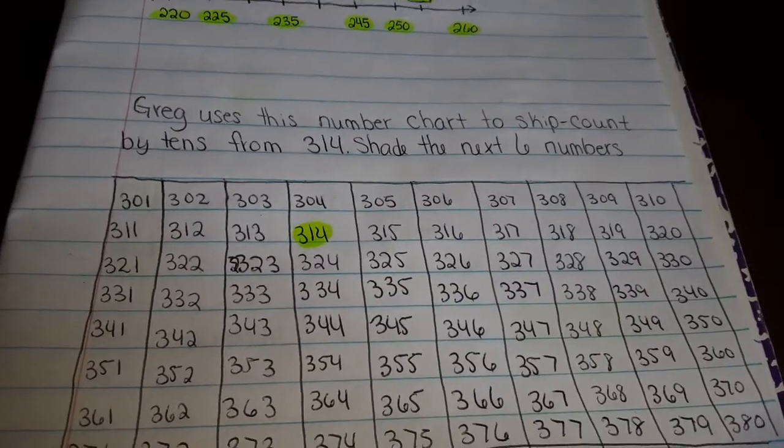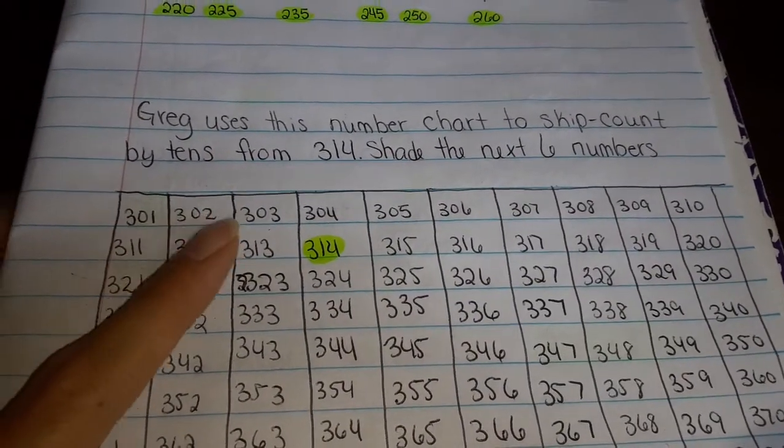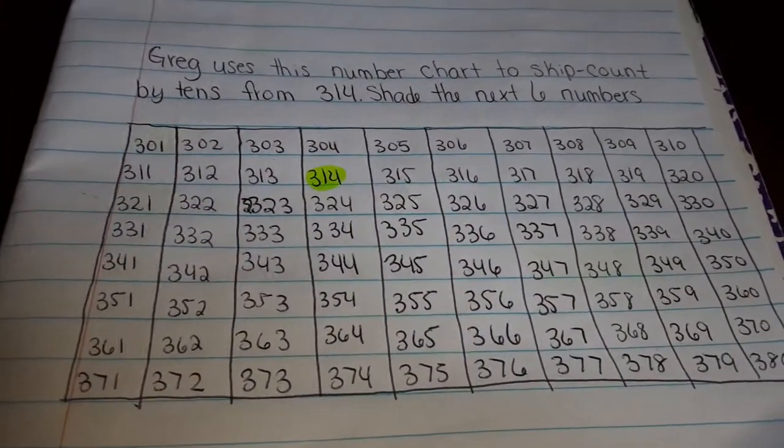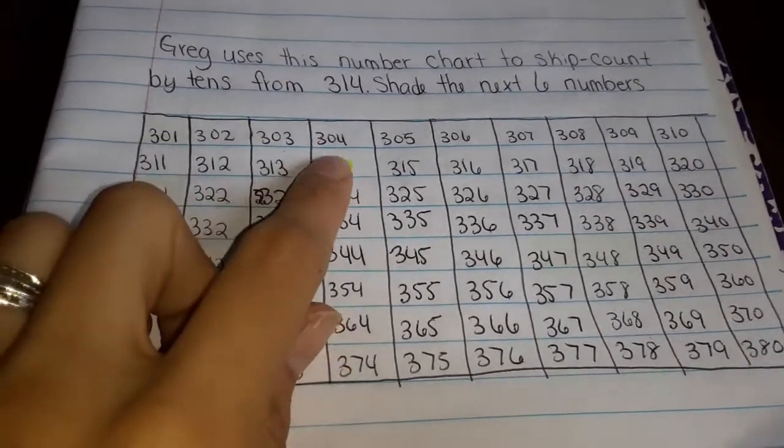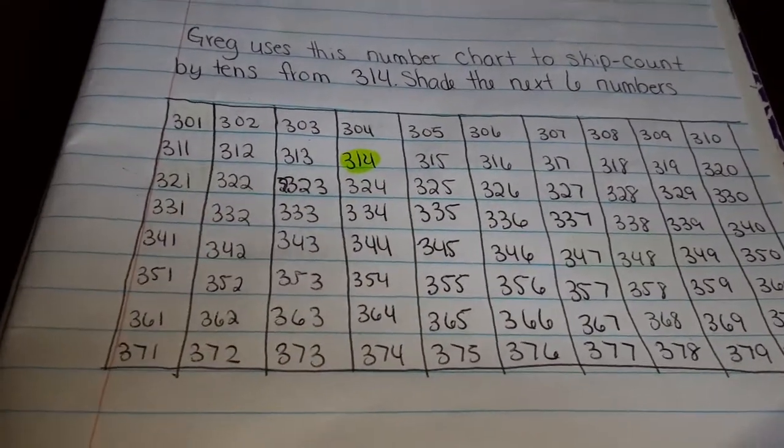Greg uses this number chart to skip count by 10s from 314. Let's shade in the next 6 numbers. So he started at 314.